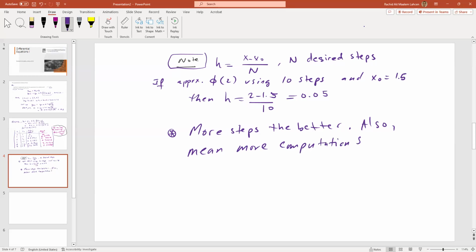And as you see, they're not exact answers, and it's recursive. You use the previous one in the next one. So what does that tell you?